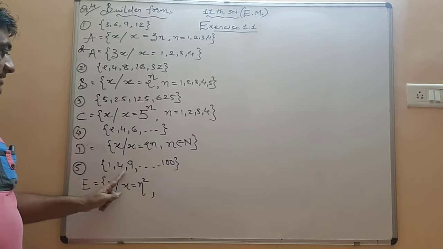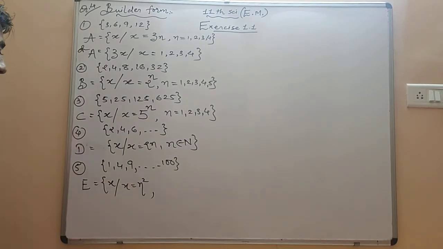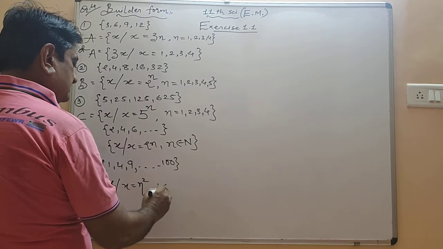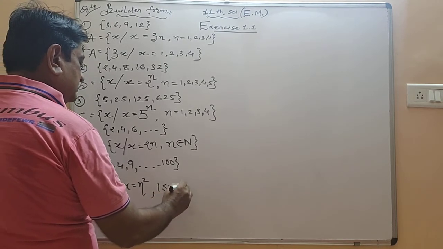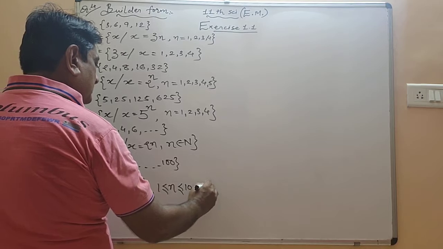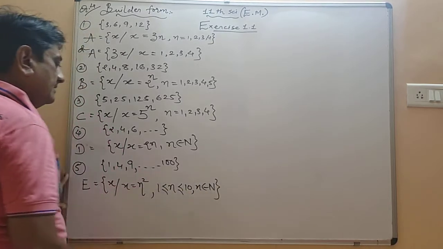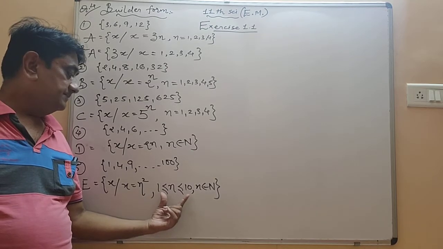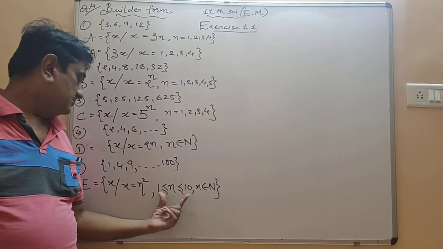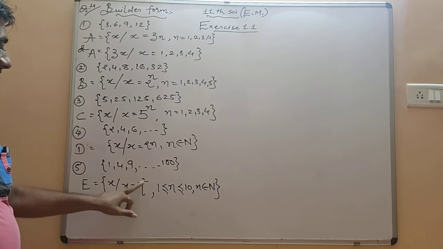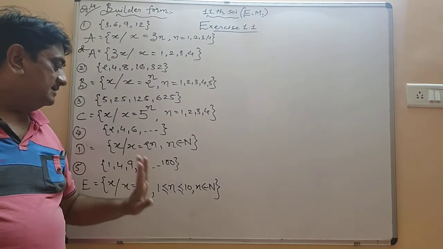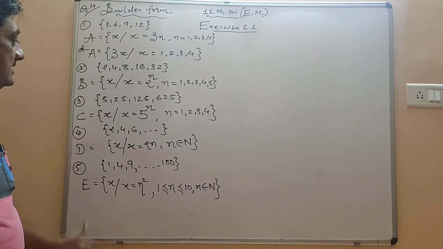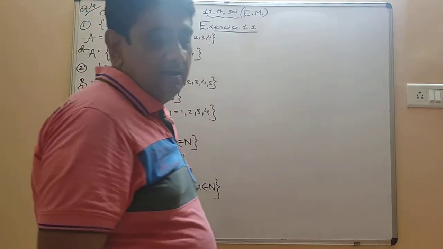So this is 1 squared, 2 squared and 10 squared. You can take n value up to 10. So 1 is less than or equal to n, less than or equal to 10 and n belongs to N. You can take n value between 1 and 10, 1 and 10 also, because 10 square is 100. So this is the fifth number, a practice of set builder form.